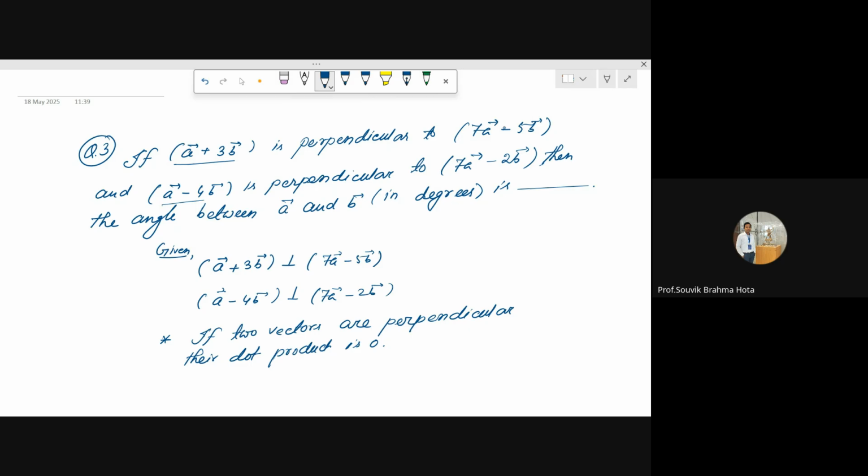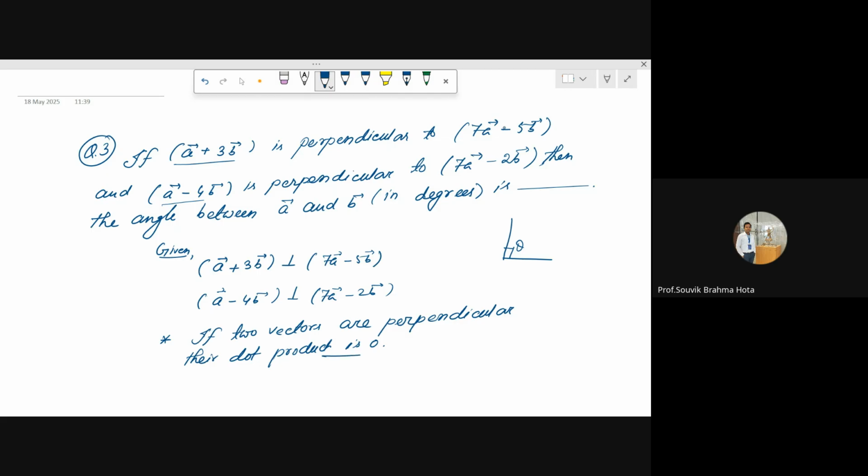Why? Because the dot product involves cos theta. If something is perpendicular to another, the angle theta between them is 90 degrees, and cos 90 is 0. Therefore their dot product is 0.